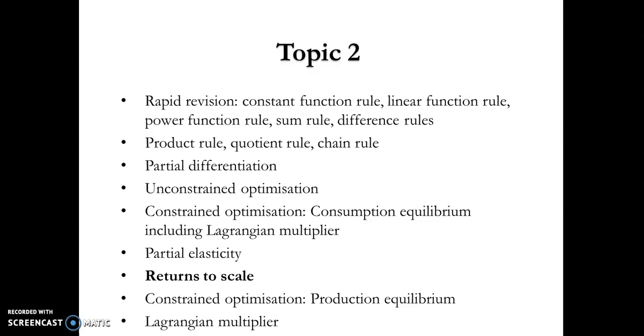In ECO231, you've only started chapter 6, whereas in order to work through the problems dealing with production equilibrium, you would need to have completed chapter 7 as well. So this week's notes will be fairly short as we'll only keep our focus to returns to scale and only introduce the topic on constraint optimization relating to production equilibrium.